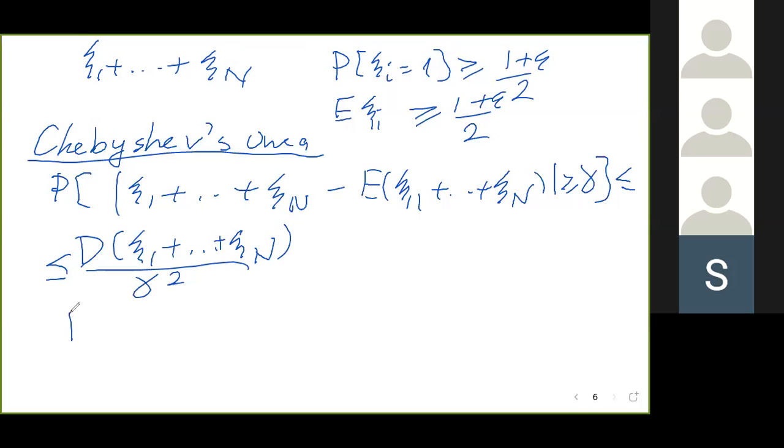And the variance in our case, first of all, because they are independent, the variance is the sum of variances.